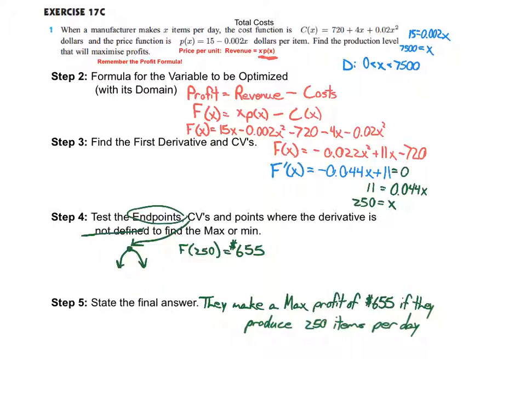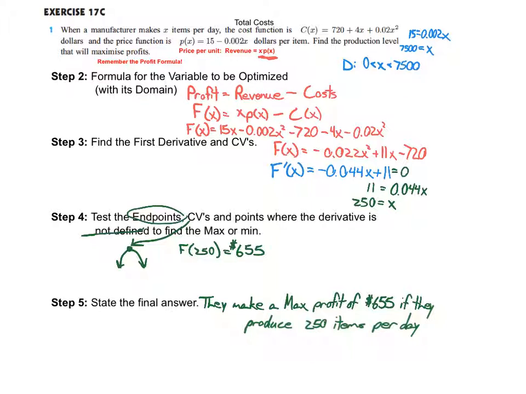Now, as for the production level, that's what we're doing there. They could maybe ask for the price, how much would we be selling it for at that point? But you could figure that out easily, just plug it into your price function up there at the top.